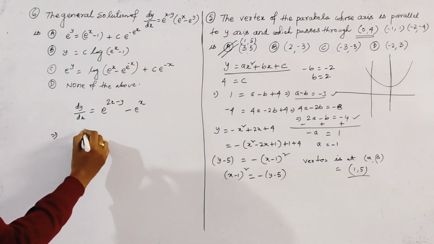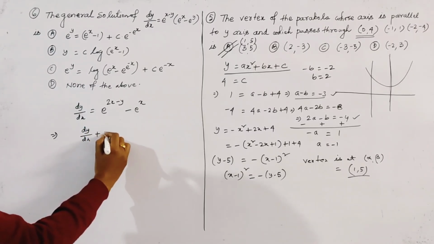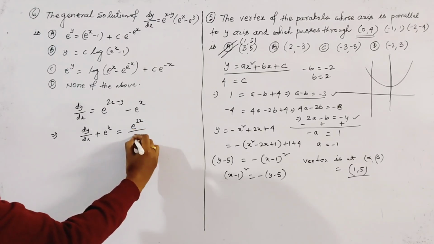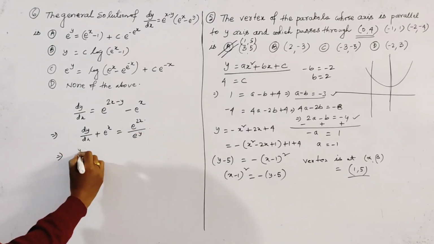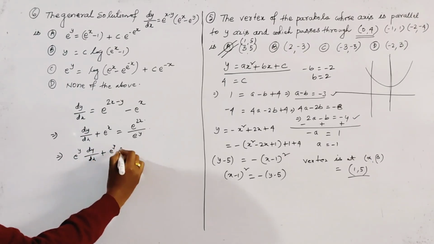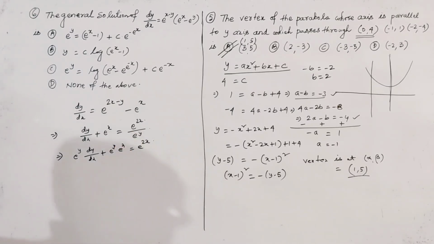Now we write the equation in the form dy/dx plus e to the power x equals e to the power 2x by e to the power y, and we get e to the power y dy/dx plus e to the power y e to the power x equals e to the power 2x.